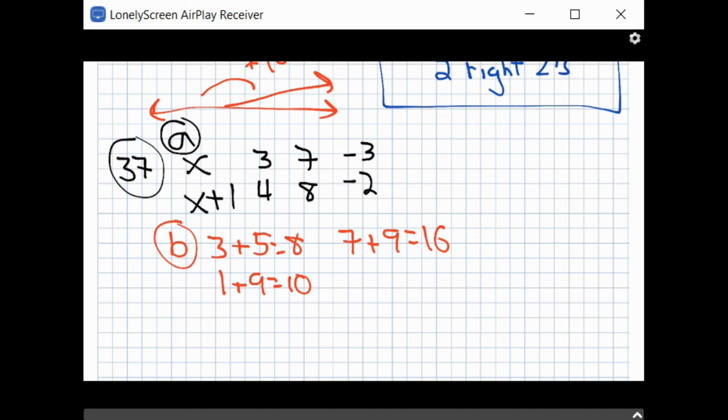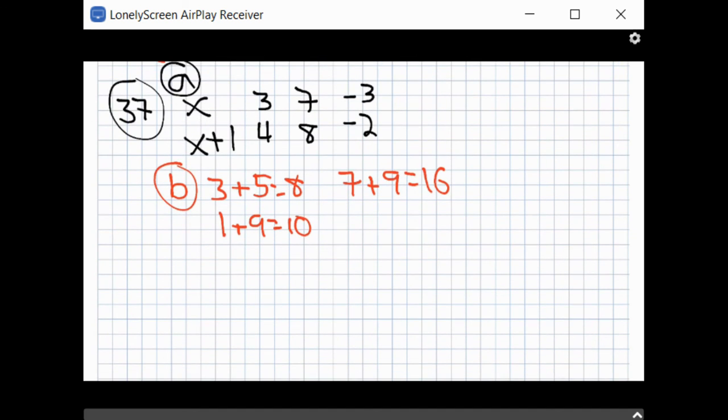C, light blue, why not? C says the difference of 2 even numbers is positive. So like 4 minus 2 is 2, that's positive. 10 minus 8 equals also 2, that's positive.